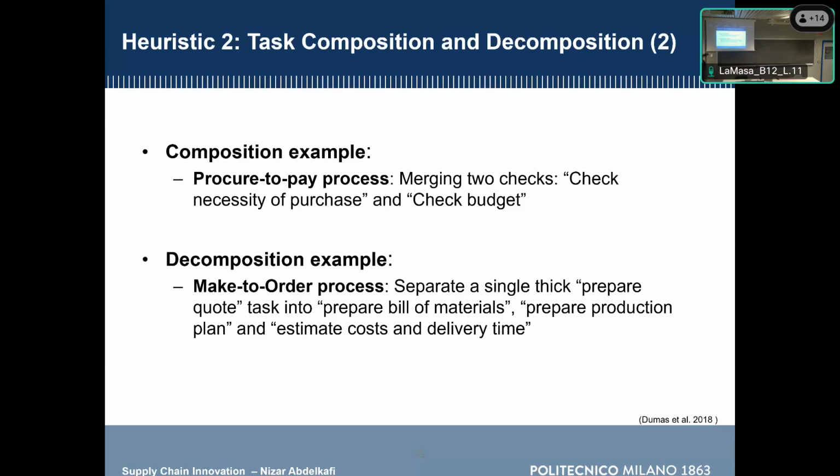And then we may have a decomposition example. Here, you have a client. Let's say you are making customized goods, a customized product. It could be a machine, a car, whatever. It's not important what it is. Let's say it is a customized good.